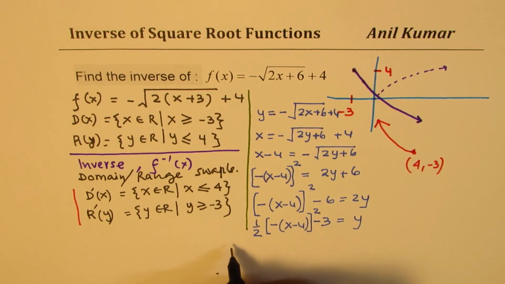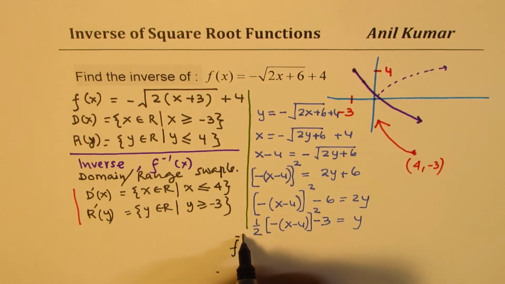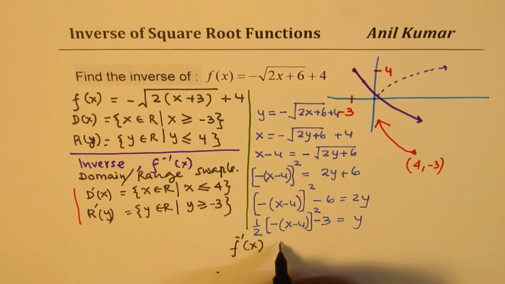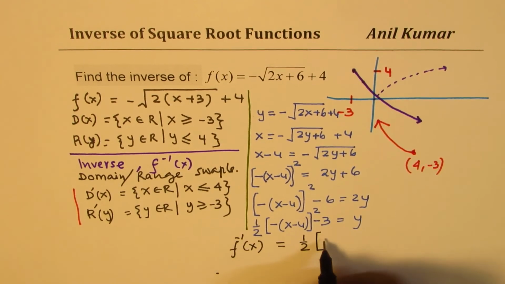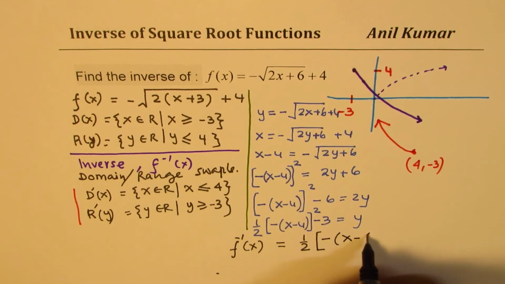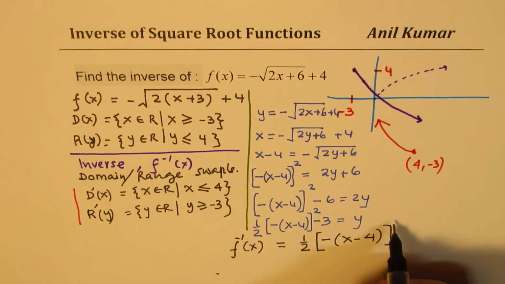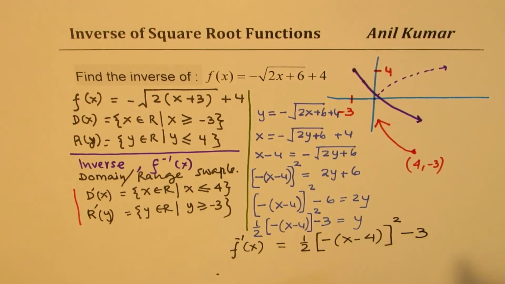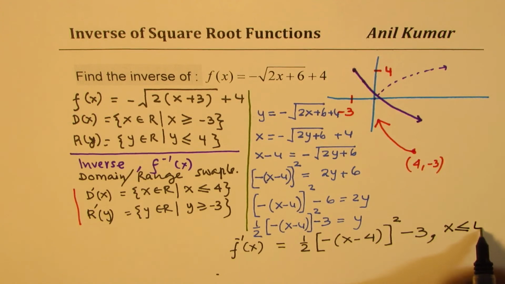So we get our expression for the inverse. And now we can write that the inverse of this function is equal to half of minus x minus 4 whole square, minus 3. Now when you write this particular answer, you have to include the restriction, and the restriction in this case is that x is less than or equal to 4, right?